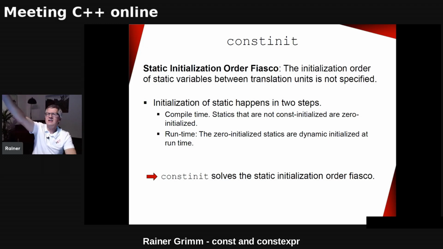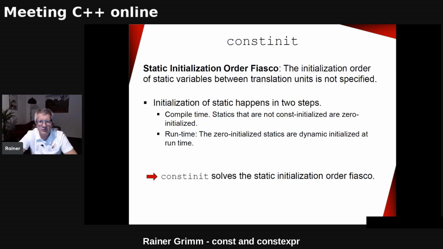When you have one static in one translation unit, which needs another static in another translation unit, and they depend on each other, one needs the other to be initialized, you don't have a guarantee which one is initialized first. We only have the guarantee that elements in one translation unit are initialized in the declaration order.